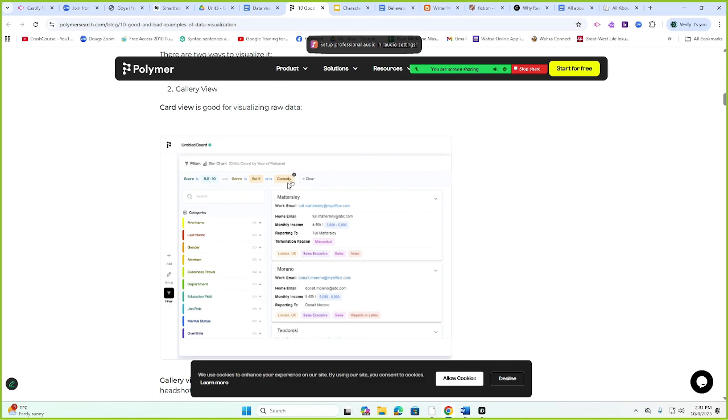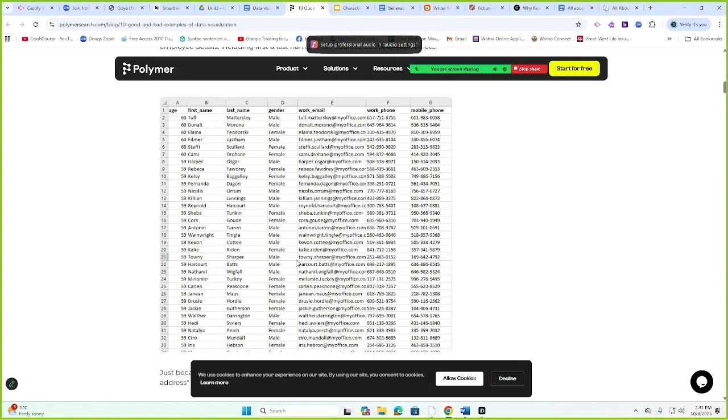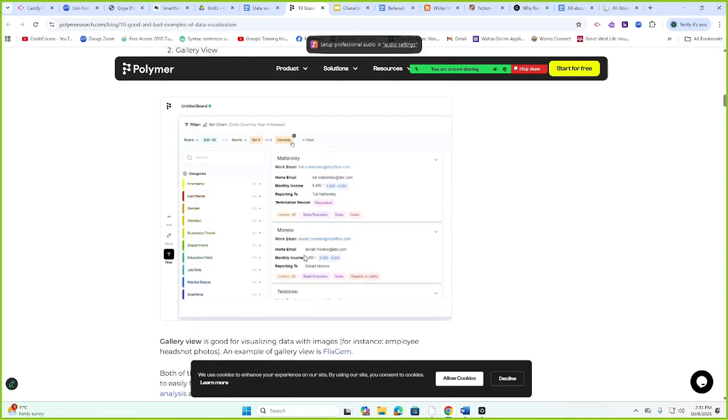So we would see these cards or tables, and they are broken down into the last names of the individuals that are in this original spreadsheet file here.